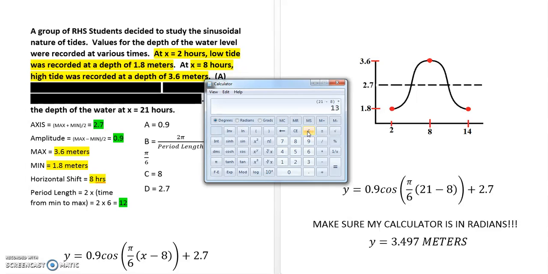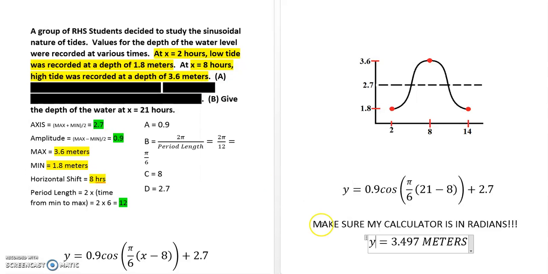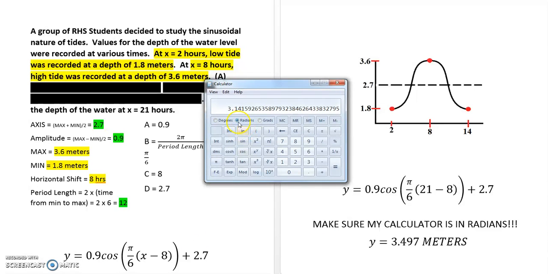Then we have to multiply that by pi divided by 6. Well, this calculator's not really working for me. Oh, well, I see the problem here. My first issue is my calculator is in degree mode. Now I need to make sure it's in radian mode.